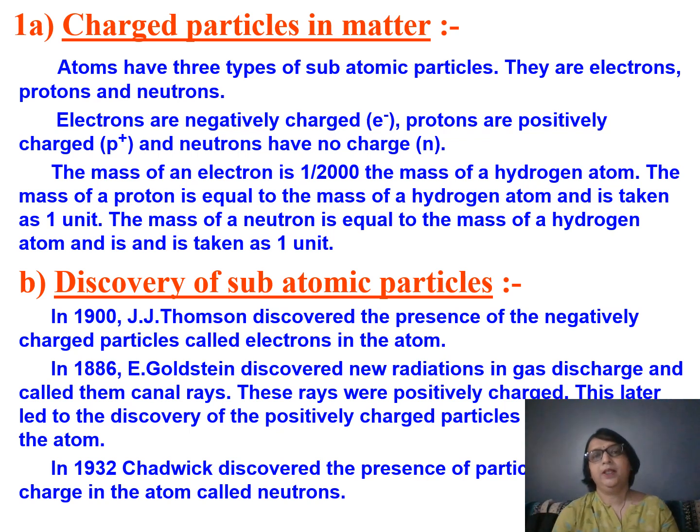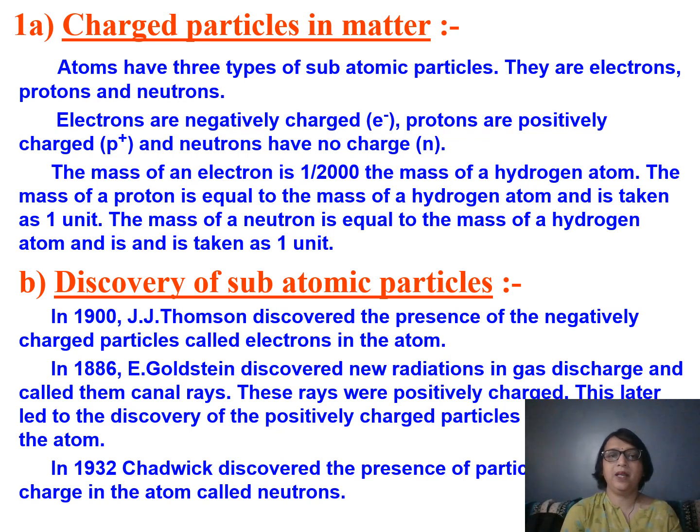Atoms have three types of subatomic particles. They are electrons, protons, and neutrons. Electrons are negatively charged, protons are positively charged, and neutrons have no charge at all.